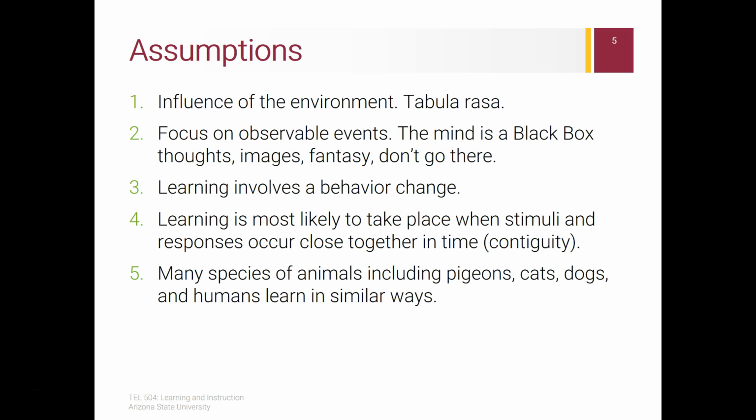Behaviorists also believed that learning was most likely to take place when stimuli and responses occurred together very closely in time. They called that contiguity. And they also believed that many species of animals, including dogs and pigeons and humans, all learned in similar ways.